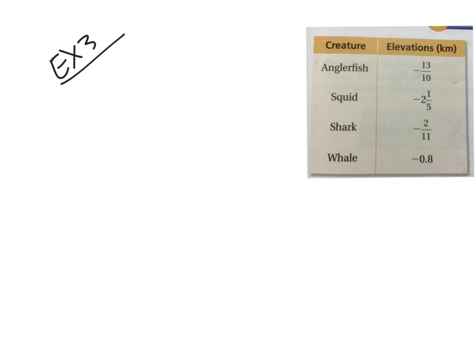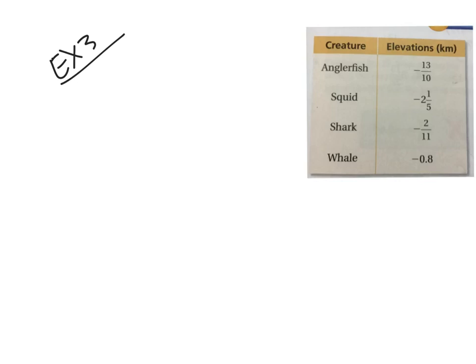Let me read to you. The table shows the elevations of 4 sea creatures relative to sea level. Which of the sea creatures are deeper than the whale? Since they're all mixed, in fractions and decimals, we need them all to be the same. So we can write them all as fractions or all as decimals.